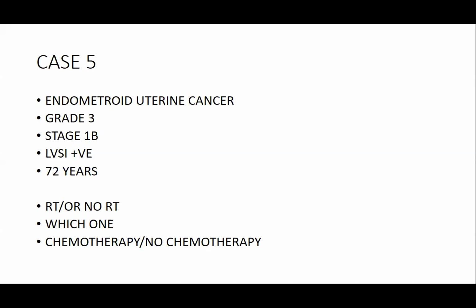And of course, if you want to do a further molecular subtype, one can do a P53 on this, but most of these P53 are of the serous subtype. Of course, some of these endometrioid may also have P53 mutation, but it is radiation alone for the 72-year-old with a grade 2 endometrioid cancer.